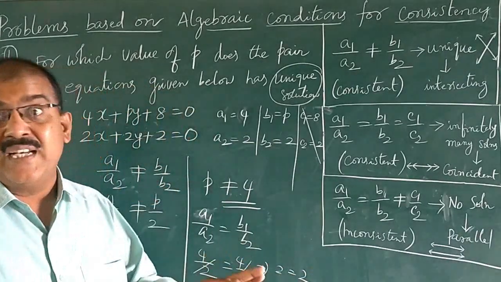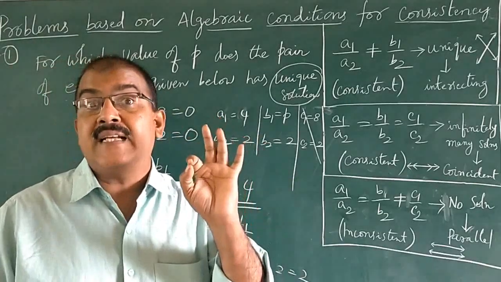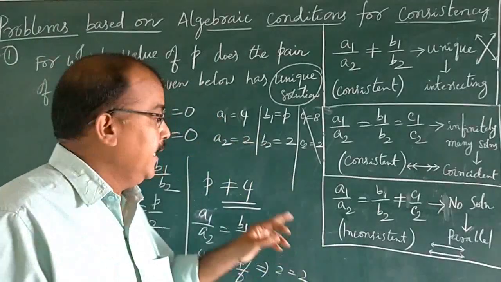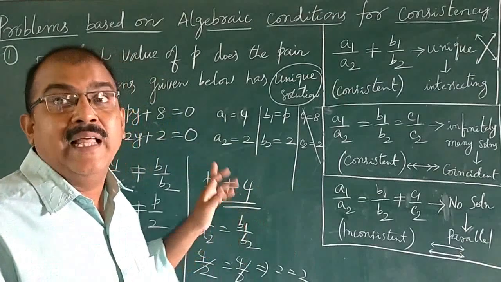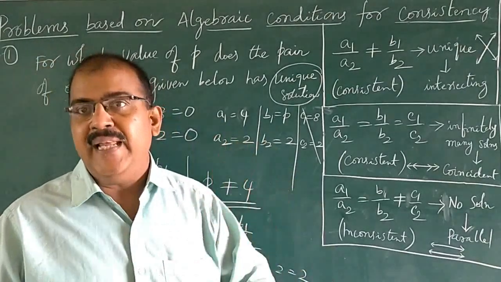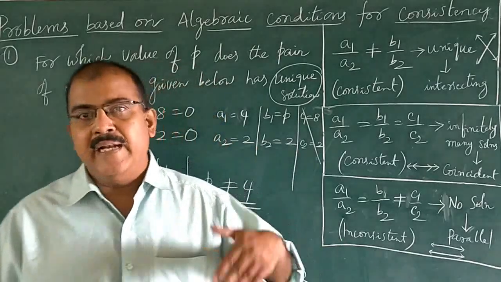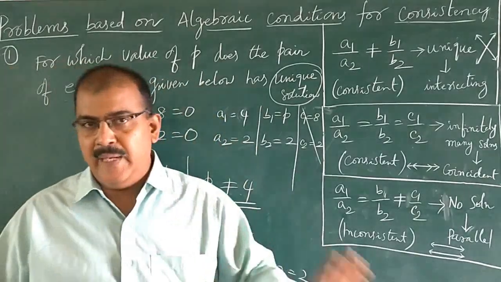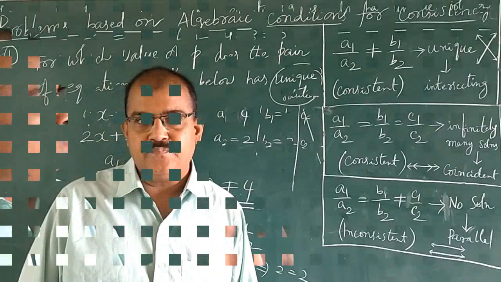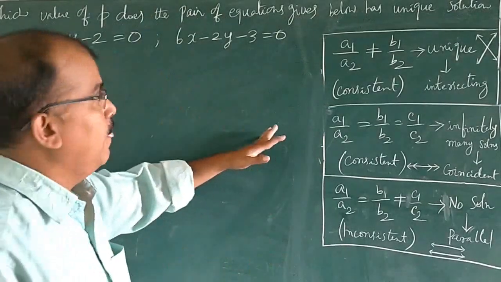So this condition will not be satisfied. When will this condition be satisfied? Only if p is not equal to 4, then only this condition will be satisfied. So one more sum, same model.